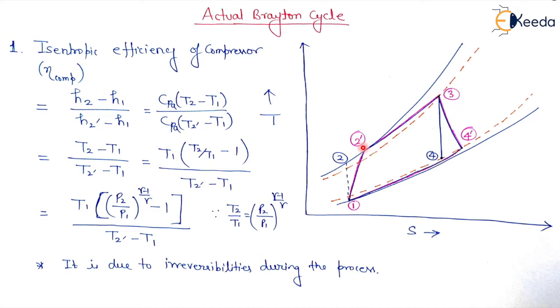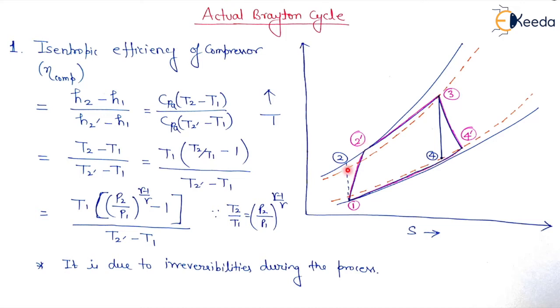So in this case, as the ideal process deviates to the actual process, entropy will change. In this case, entropy is increasing. For an irreversible process, entropy will increase. There is no real process in which entropy is constant.